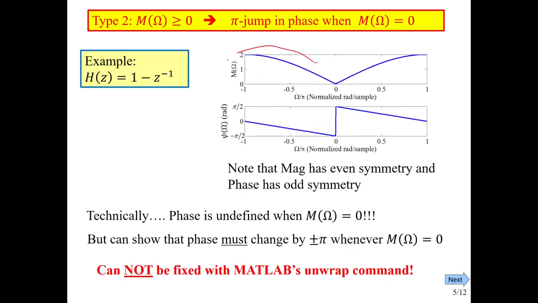I'm going to change the sign on this part and make it go negative. So that means that I'm going to have to add or subtract pi there. It makes sense to add pi because that will take this thing up to there, right? And gets rid of that discontinuity. I could just as easily have kept this up and made this go negative, in which case this would jump down like that. So 2 options, just depends on what you want to do.